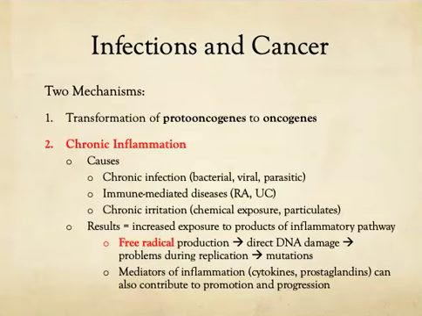Free radical production inside of cells can ultimately lead to DNA damage because the DNA molecule can also be attacked by free radicals. And if the DNA molecule gets damaged in this way, it can lead to problems when the cell tries to replicate that DNA. It's very difficult for the DNA polymerase enzyme to copy DNA that has been damaged.